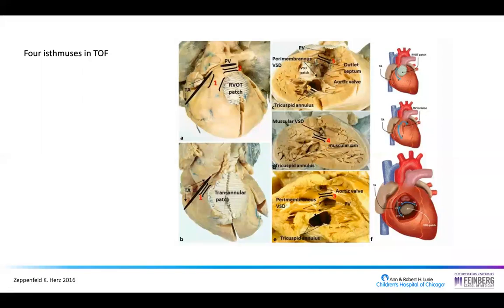These four isthmuses can support any type of circular tachycardia, either going amongst each other or doing figures of 8 between them, or going around in multiple different directions. And you can imagine that trying to ablate these 4 areas, you need to have an incredibly sophisticated mental model of where you're trying to ablate, because what you're trying to do is ablate between patches and annuluses, between isthmuses that may or may not exist, and often through periods where you're doing it adjacent to the VSD patch and relatively close to the conduction system.